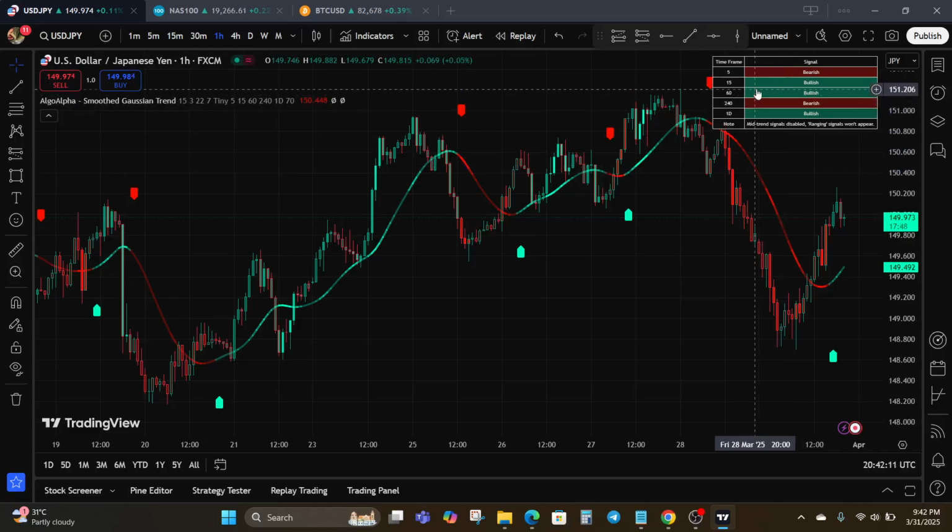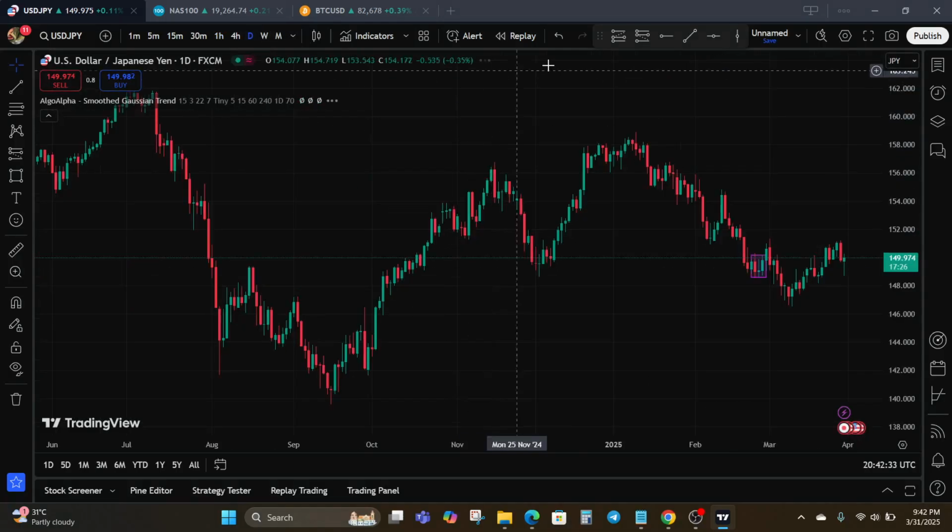You can see it utilizes a multi-time frame approach. Right in this dashboard, it shows you the signals across different time frames. The 5 minutes is currently bearish, the 15 minutes is currently bullish, the 1 hour is currently bullish, the 4 hours is currently bearish, and the 1 day is currently bullish for this particular currency pair.